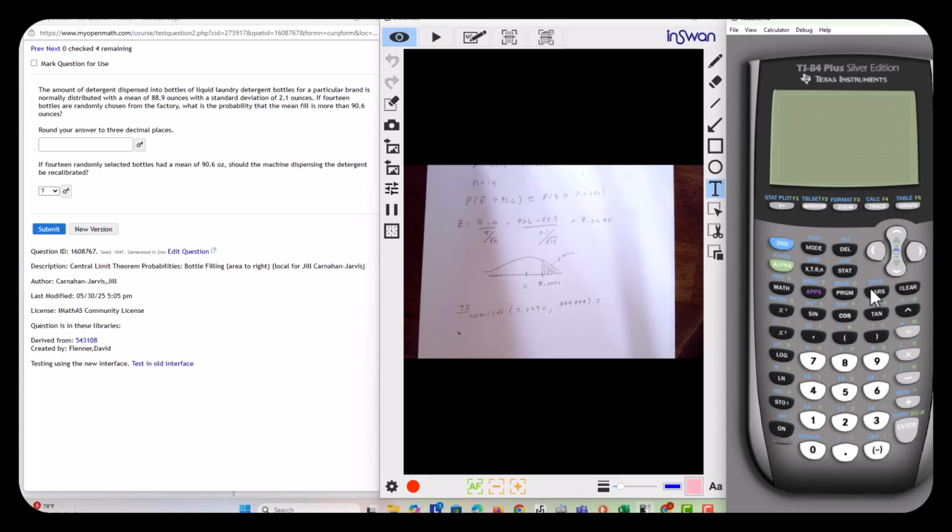Second VARS, normal CDF, 3.029, comma, 999. We get 0.0012.